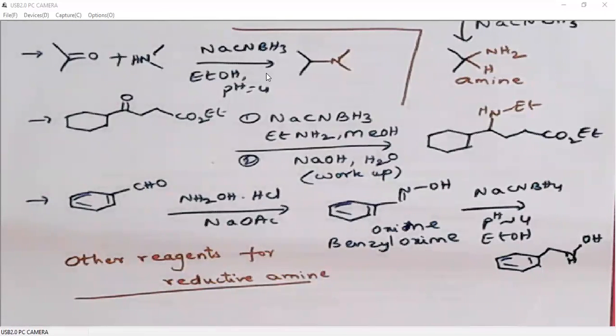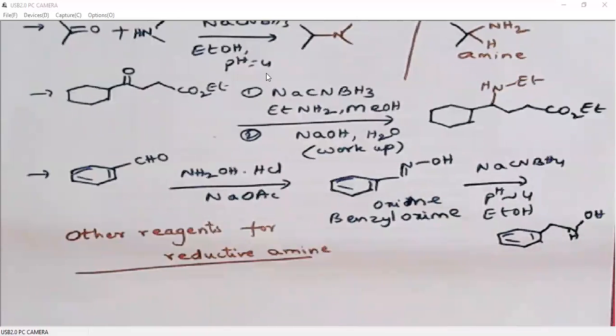Not only sodium cyanoborohydride, we can also use other hydride reducing agents for reductive amination. So I will give the complete list of reagents used in reductive amination. We can use sodium borohydride.